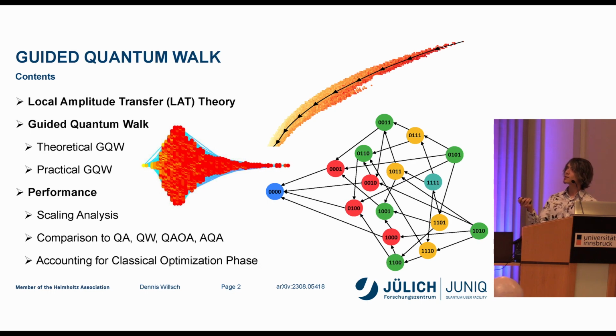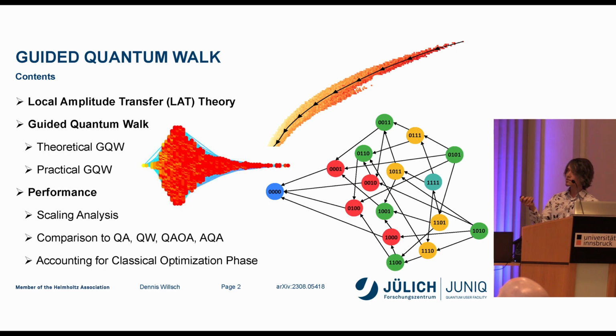And finally, we'll compare the performance against standard heuristics, which, of course, are quantum annealing and the quantum walk, those two between which it interpolates. And we'll also get to a maybe less well-known algorithm, approximate quantum annealing. And then there's a very important thing that I would like to highlight at the end.